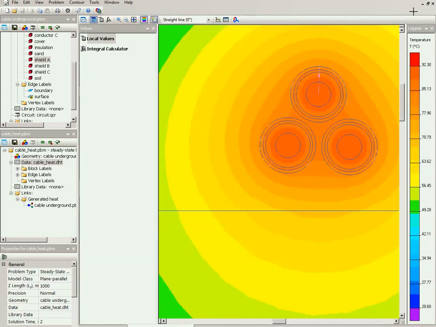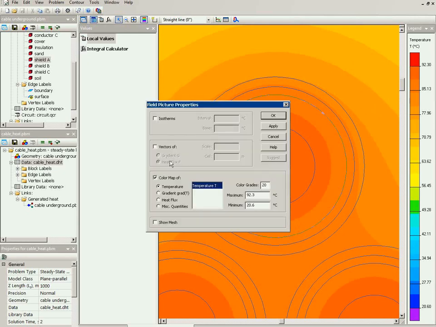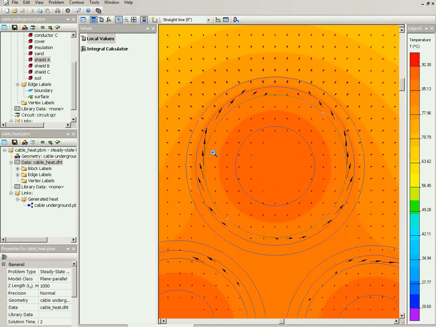We know the temperature drop. We can build the contour here and calculate. I will adjust the field picture and calculate the heat flux.